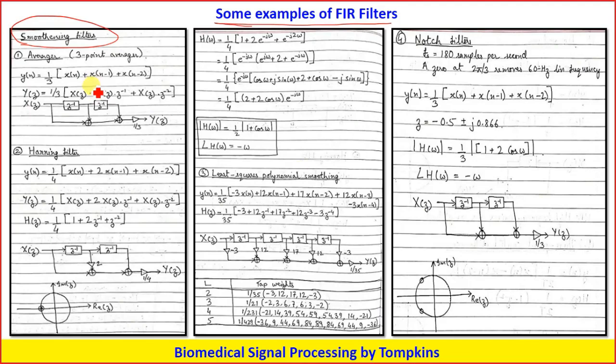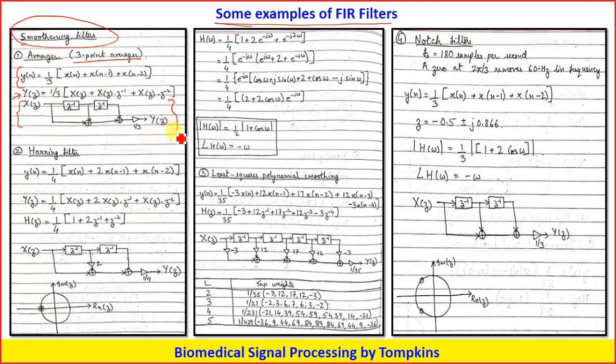Now if you look over here, I have discussed the 3-point moving averager. So this is the equation. Now we have seen how we have derived the equation, right? Now this is your Y of z equation, the transfer function, and then if you see, we have realized the filter in this fashion.